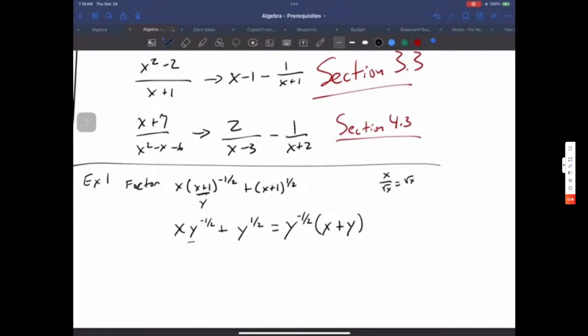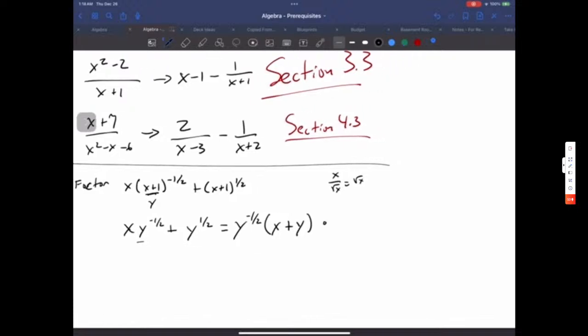The way to think about it, if you want to put a thought bubble here, is that for the second term, we have y to the 1/2, and we're going to multiply it by y to the negative 1/2 over y to the negative 1/2.